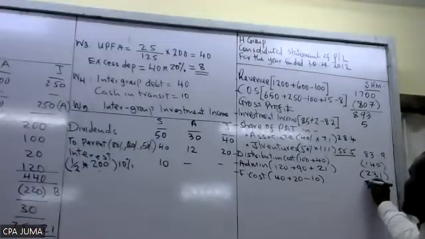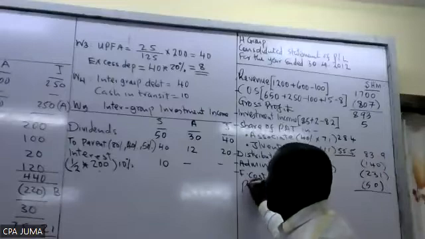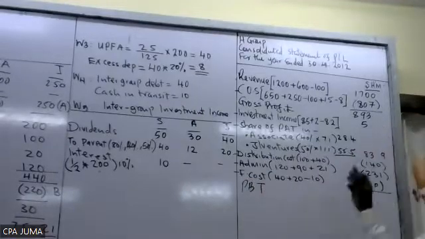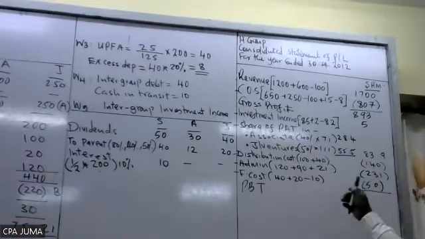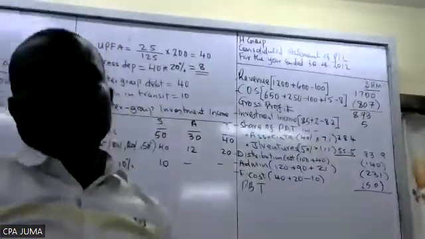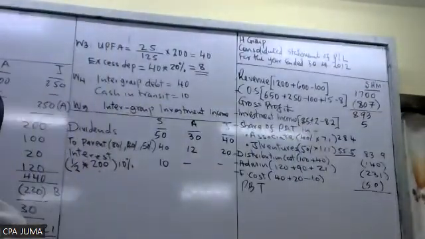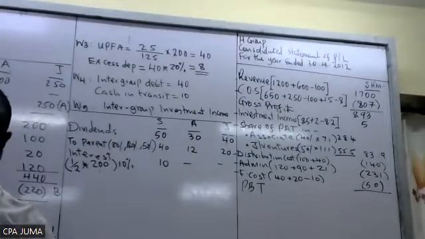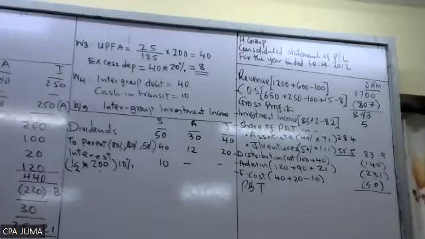That is 50. Can you help me now with the profit before tax? So start from 893, adjust up to down there. Can you do that very fast? Do that, quickly. What do we get?